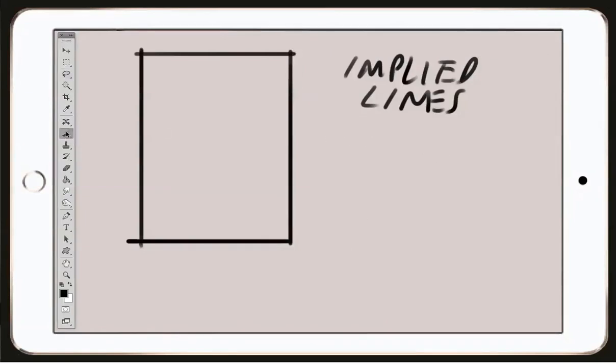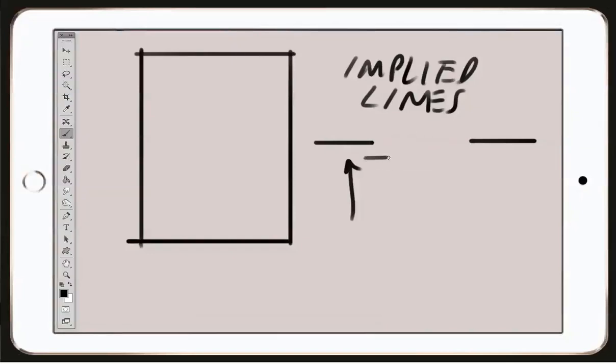I'm going to draw a line here and then another line over here. Now, as you can see, there's a gap between those two lines. That gap has an invisible line referred to as an implied line. And that invisible line connects these two actual lines. You feel like this line is continuing, even though there isn't a line here.